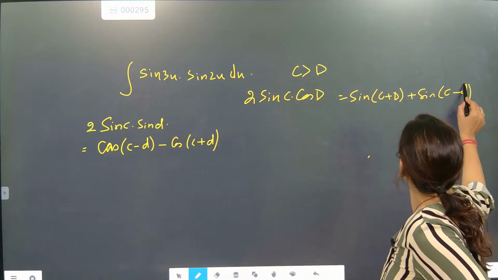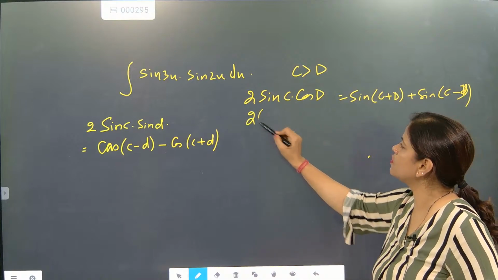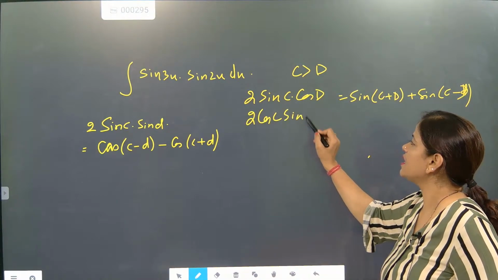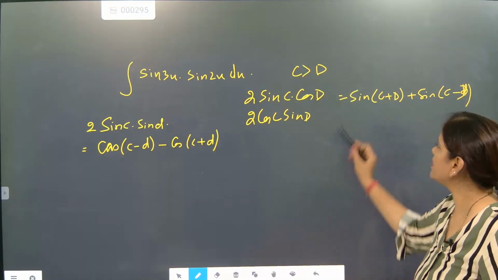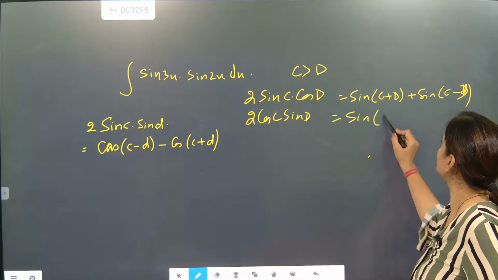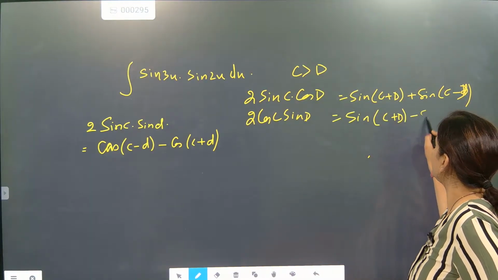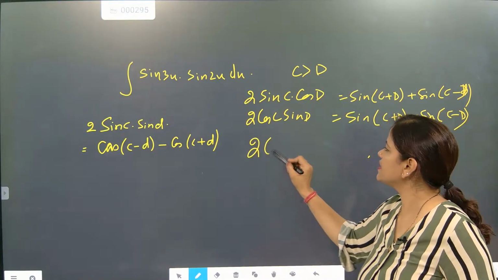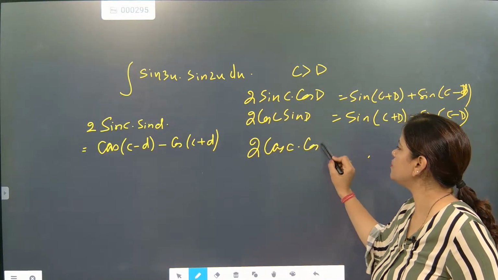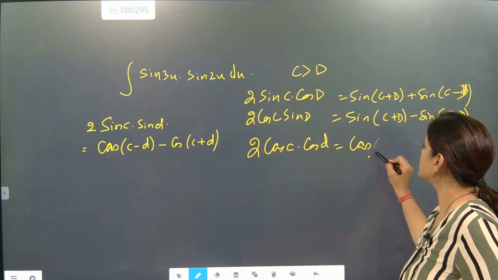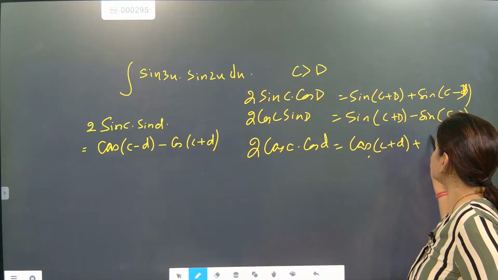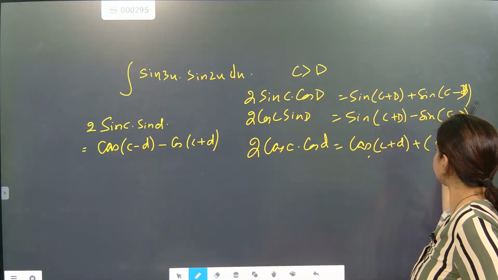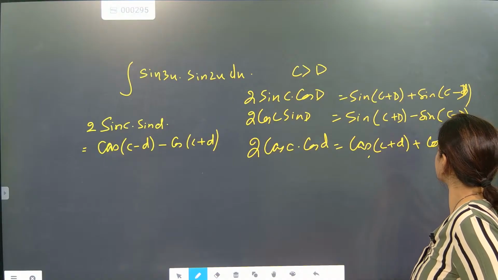And if 2 cos C sin D, again C is greater than D, then it will become sine of C plus D minus sine of C minus D. But here, 2 cos C into cos D will become cos of C plus D plus cos of C minus D.